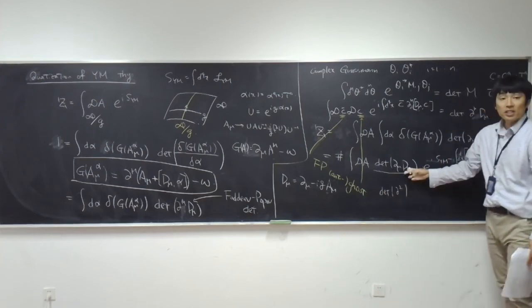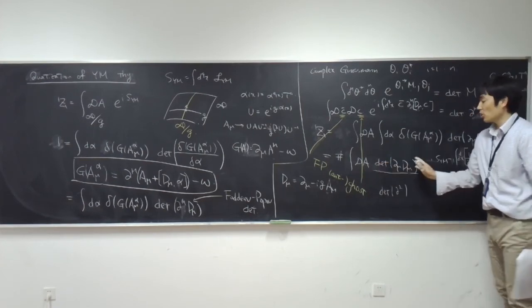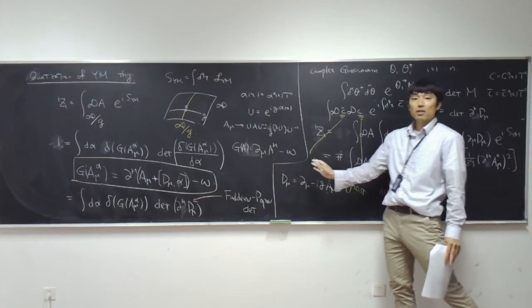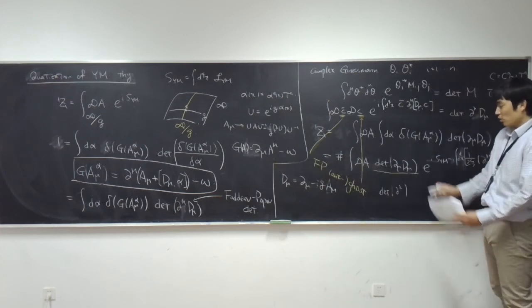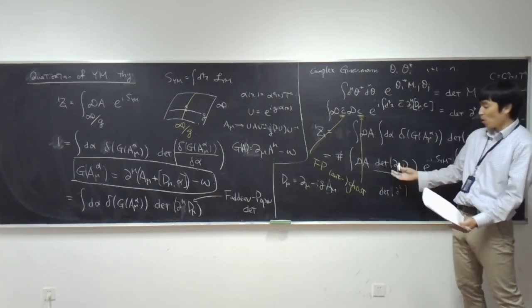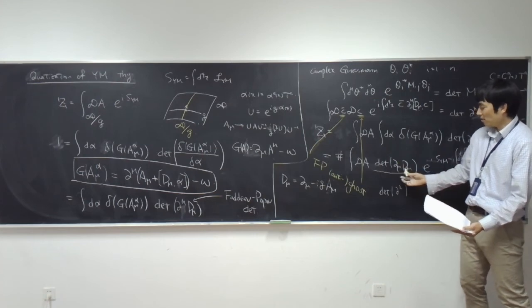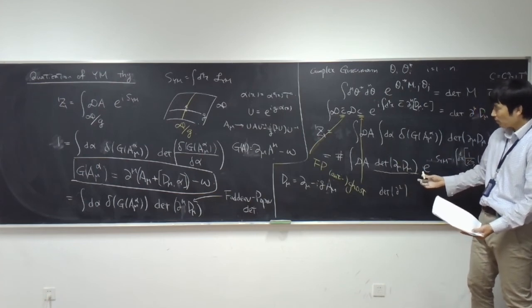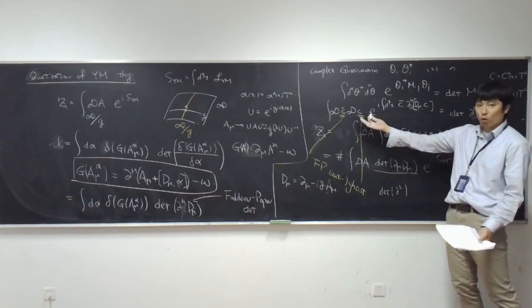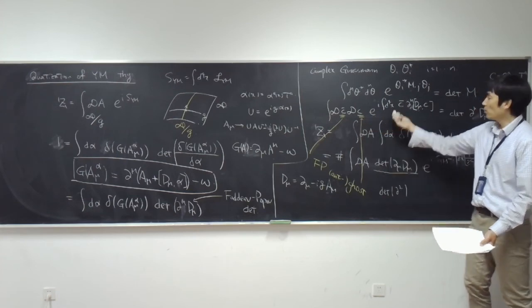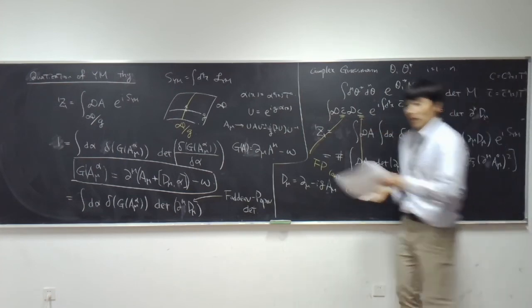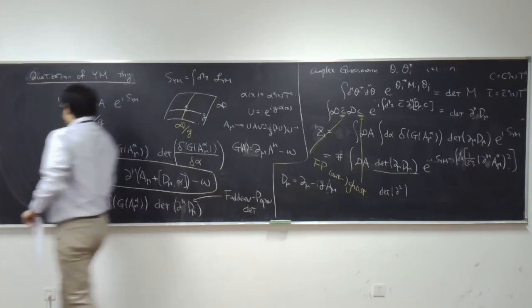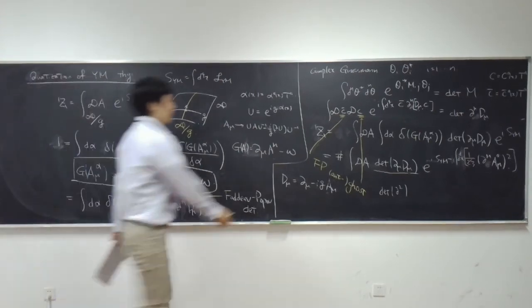But now D mu depends on A, so you cannot bring it out of the integral. So we treat this Faddeev-Popov determinant by introducing the so-called ghost field, whose action is like this. So at the end of the day, what we obtain is as follows.